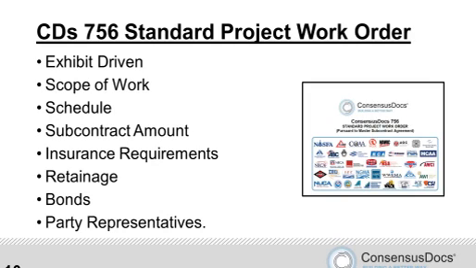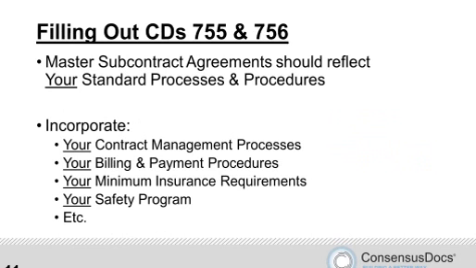Okay, so as you heard earlier, the master subcontract agreement only needs to be agreed to one time. And this generally is going to cover the agreement between the contractor and the subcontractor, exclusive of any consideration of an individual project or an individual owner.